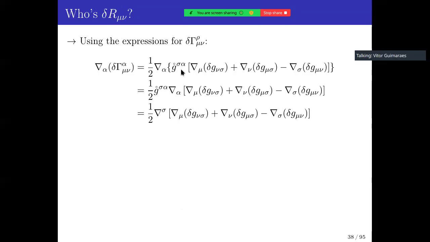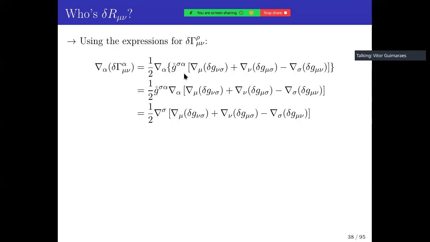Which is basically what we used here, that the covariant derivative is compatible with the metric. So in principle, we would have to take the derivative of this object and do the product rule. But we know that the covariant derivative of the background metric, right?